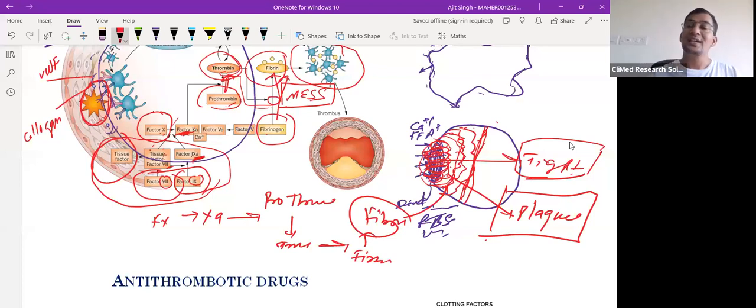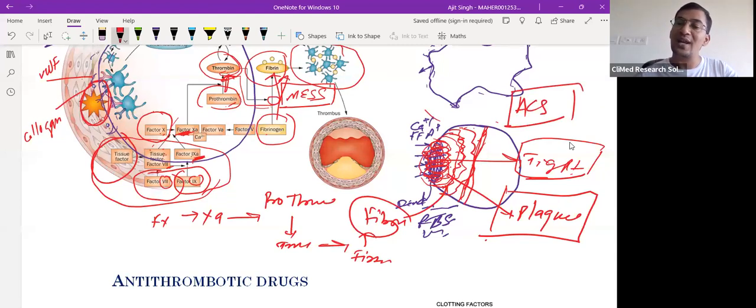So now the thing is, clot formation is very fast in some patients, and in some patients it is very slow, right? So depending on that only, we define it as the normal coronary artery disease or ACS, acute coronary syndrome. So acute coronary syndrome means this plaque is formed within minutes.